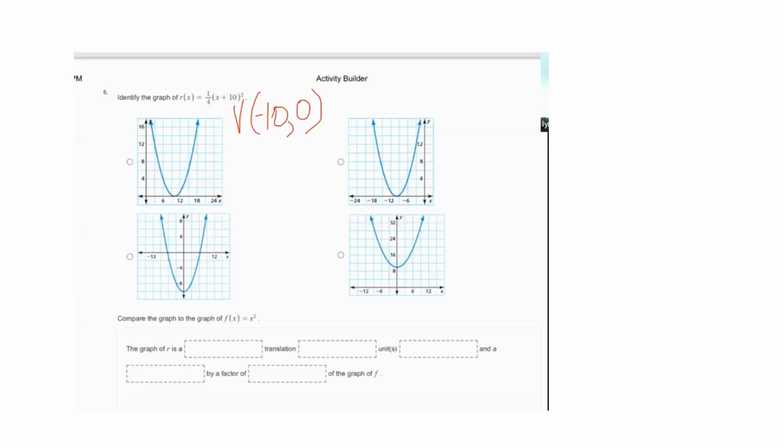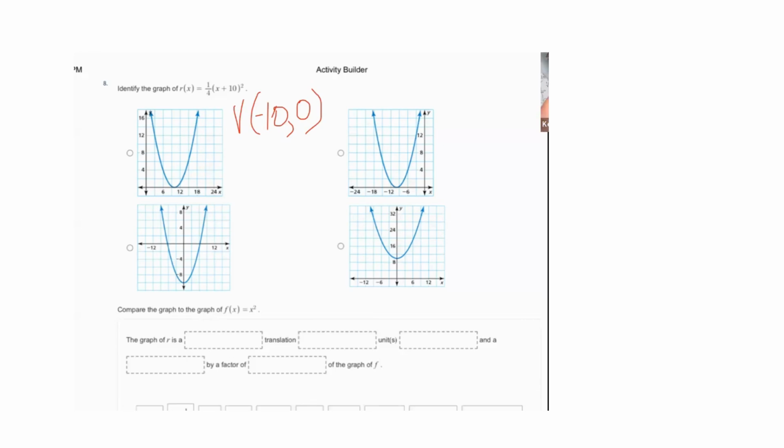Since the vertex is negative 10, 0, we're going to try to find which one of these is it. Here's the origin, and we've got to go to the left 10. If we look at this one, we can't go to the left 10. Did that one move to the left 10 or did it go down? It went down. Did this one go to the left 10?